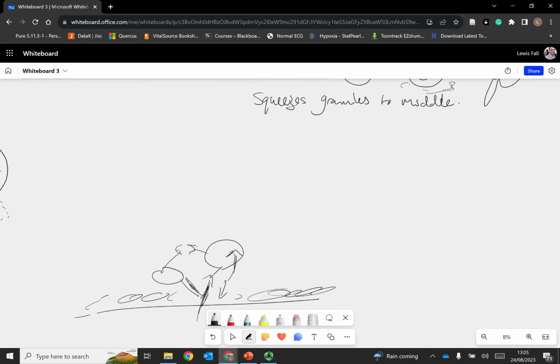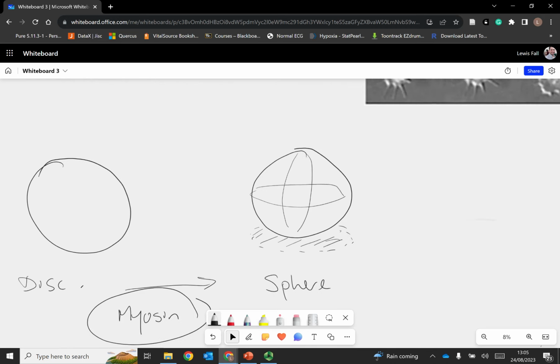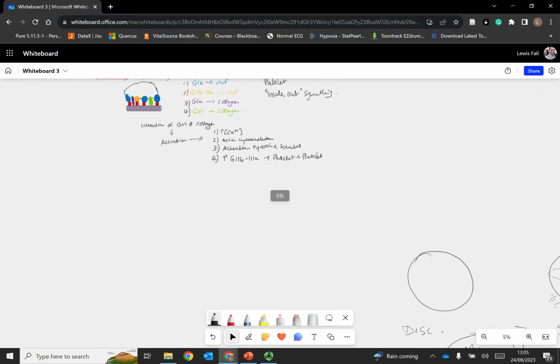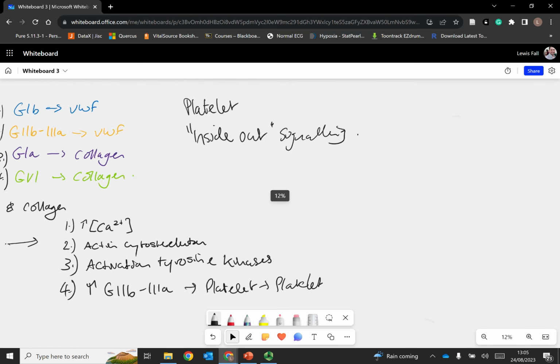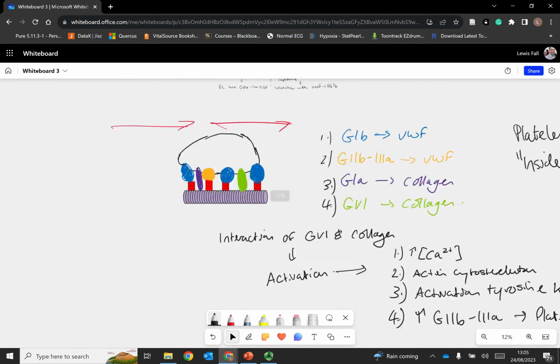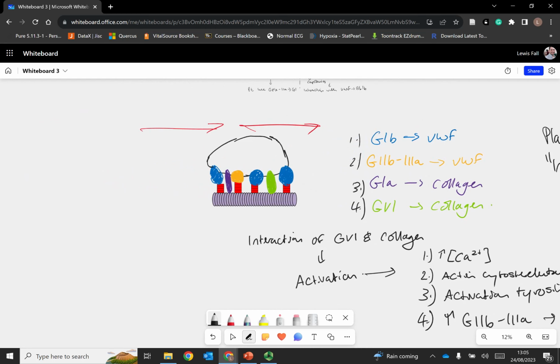If we come back to our diagram here, we've got this platelet that is nicely tethered, and I suppose we could do it like this.